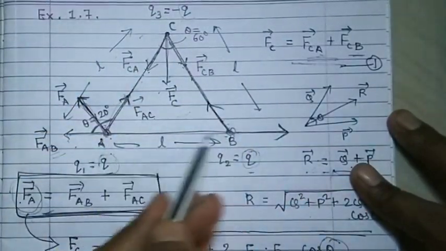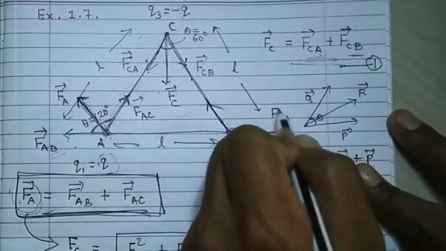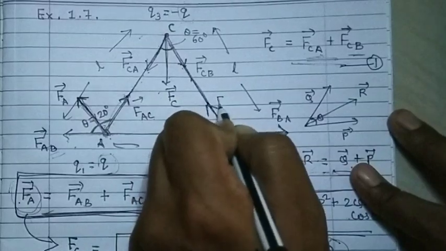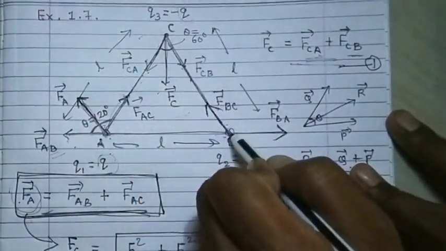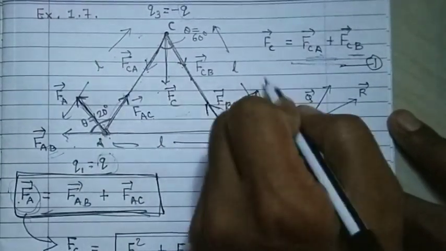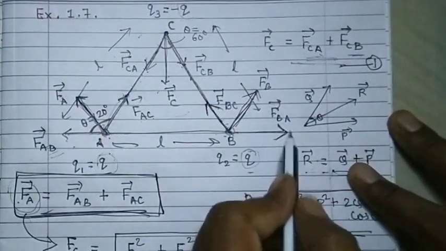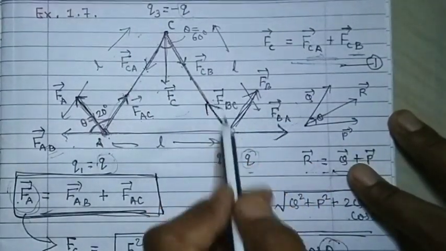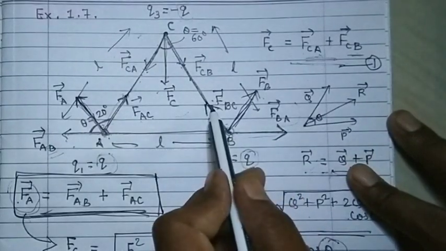Here the force will be repulsive. So this is the force on B by A, and this is the force on B by C, and the resultant force will be this. This is the force on B due to these two forces. This is the resultant of these two vectors.